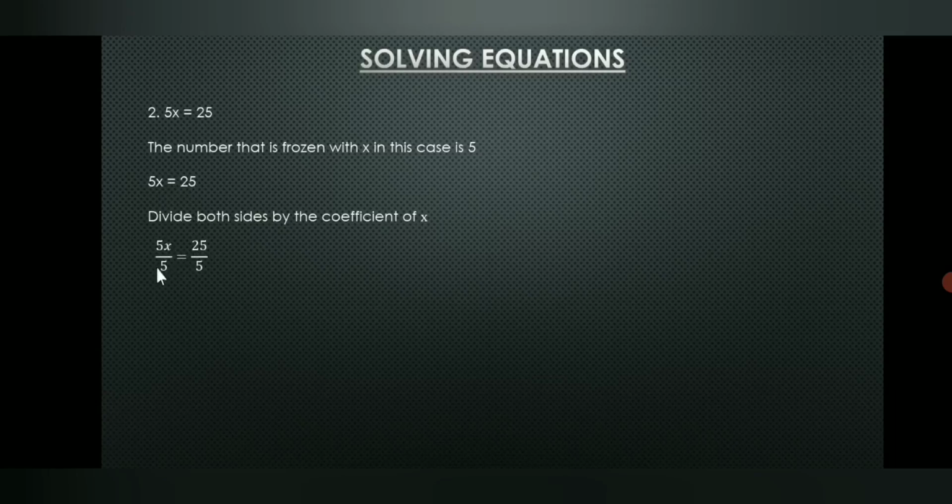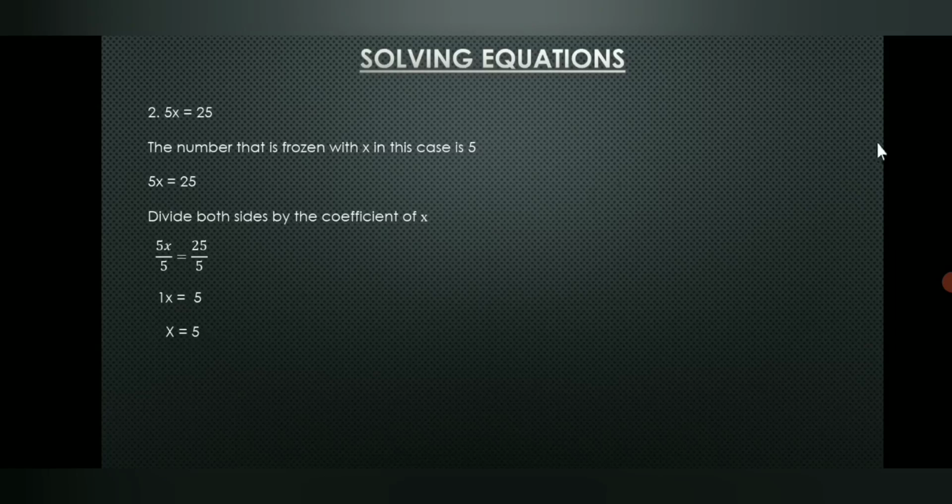We'll divide the left side by 5, which is coefficient of x, and the right side by 5. So we have divided both sides by the coefficient of x. 5, we cancel 5, we are going to have 1. And 5, we go into 25, we have 5. So we have 1x equals 5. But in mathematics, we don't like writing 1x. So we just write it as x equals to 5.